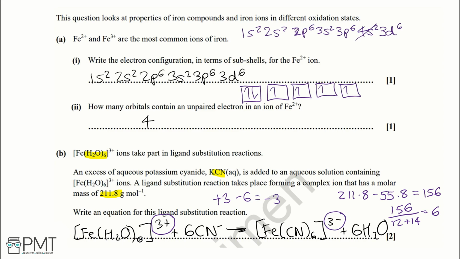To get the marks for this question, you get a mark for having [Fe(CN)6]3- as your product, or your complex ion, and then you get your second mark for having the rest of the equation correct.